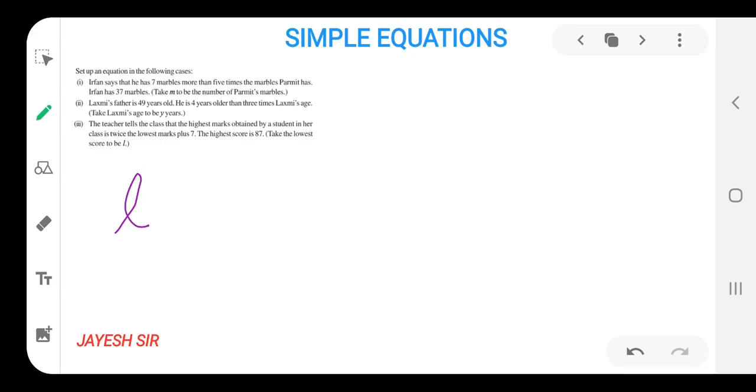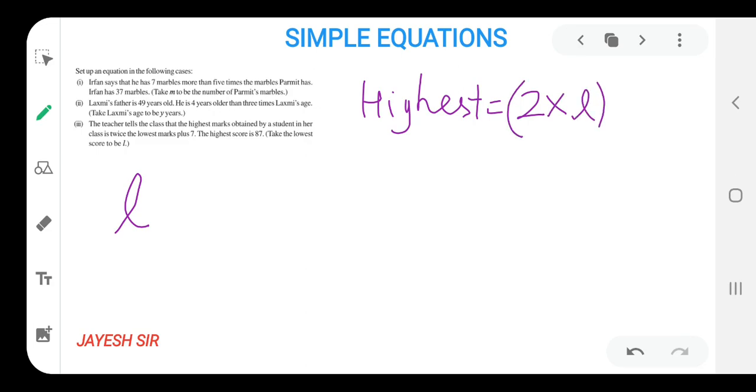Again I am reading. The teacher tells the class that the highest mark obtained by a student in her class is equal to twice the lowest mark. Twice the lowest mark, that means twice of L, because the lowest mark is L, as we already read.